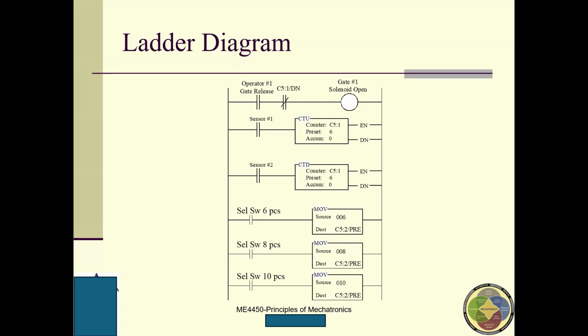So student C says, hey, I don't want 8 pieces, I want 10 pieces between 2 sensors. Then this guy clicks this one, and you just change the preset value. And then student A says, hey, I want to change it back. We can do this one again. This is how these 3 rungs work. Any questions so far?